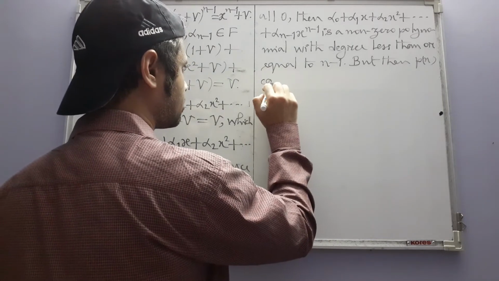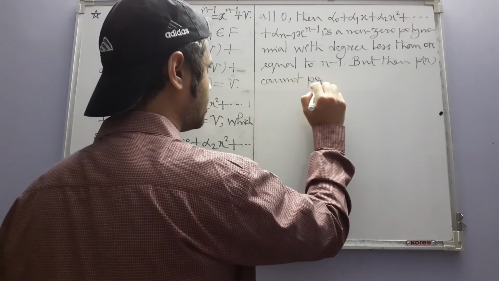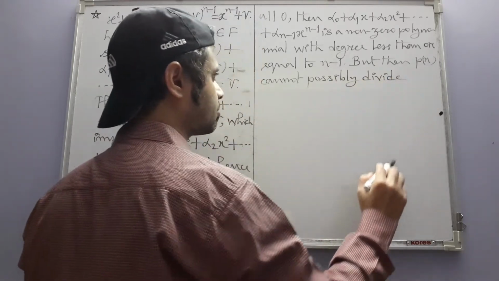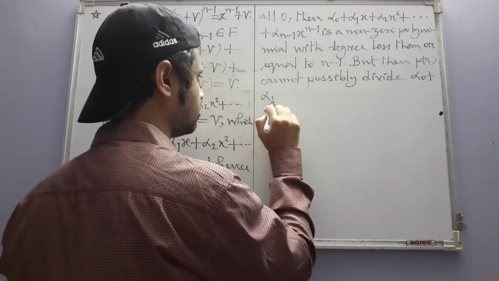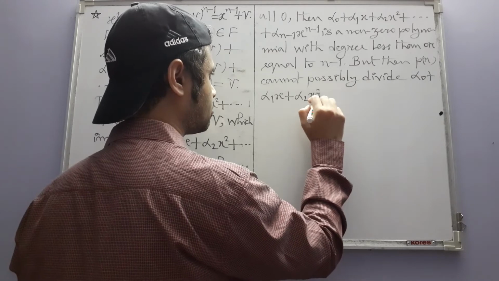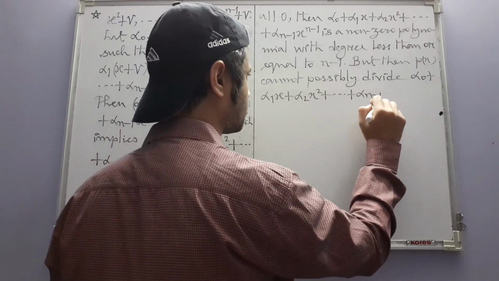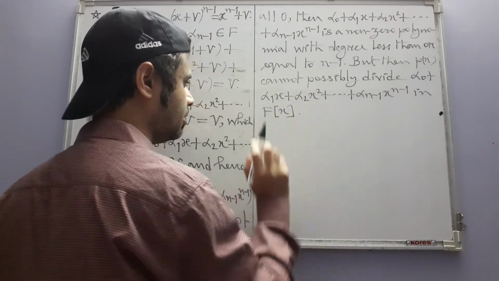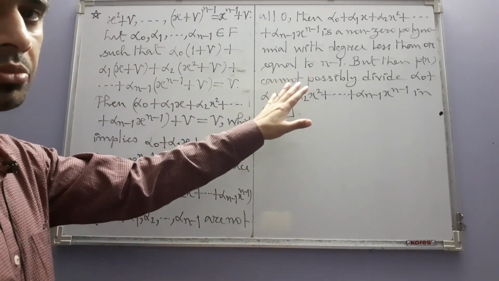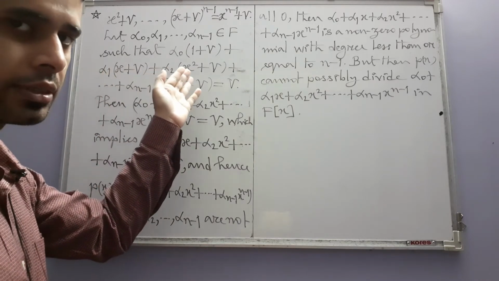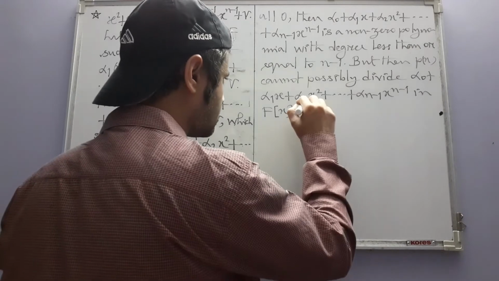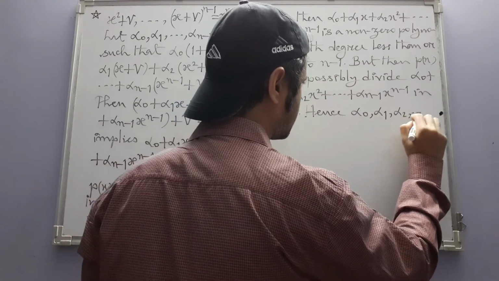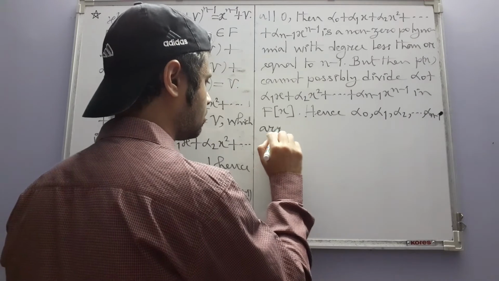But then P of x cannot possibly divide our polynomial in F[x], because P of x itself has degree n, which is greater than the possible degree of this polynomial, and we have already seen in that alpha beta case why that cannot happen. Hence these are all 0.